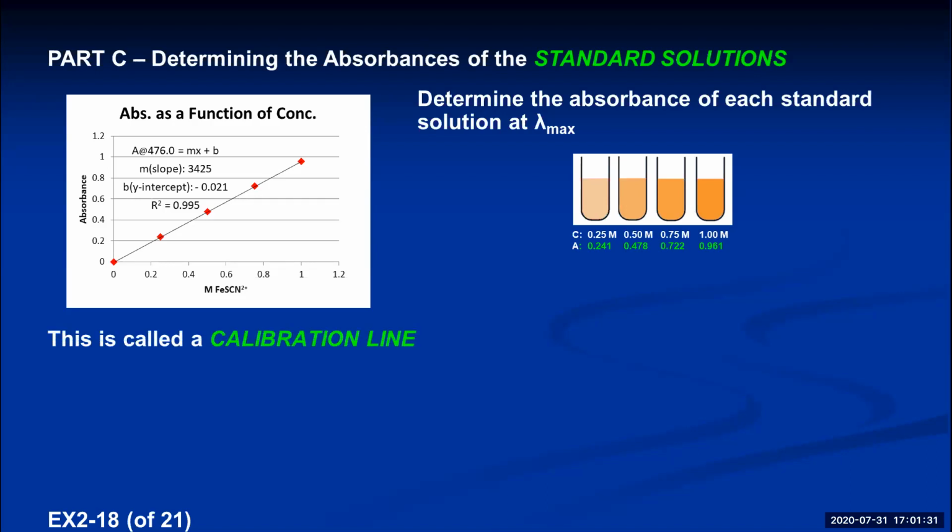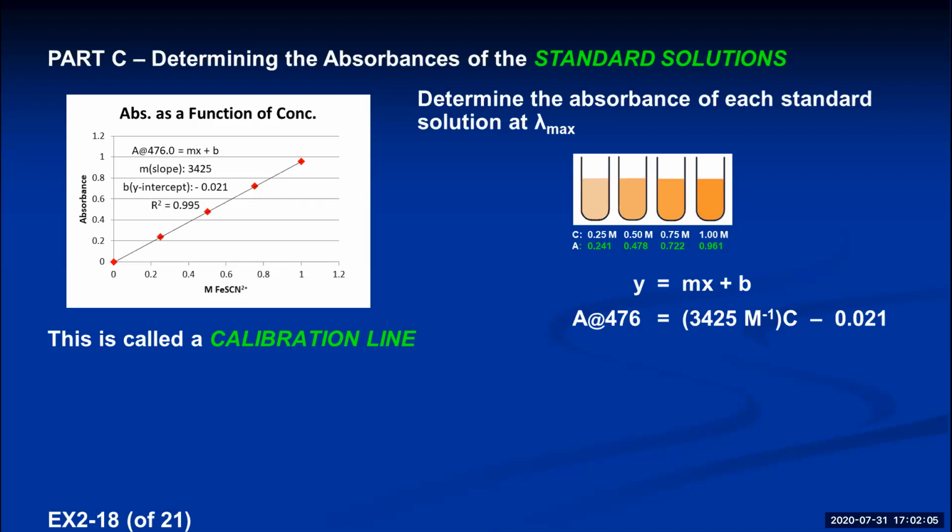This line is called a calibration line because it's showing us the relationship between the measured absorbance and the concentration of the FeSCN2+ in the solutions. They follow this equation, y equals mx plus b, so the absorbance at a wavelength of 476 equals the slope, 3,425 molar to the minus 1, multiplied by the concentration of the colored component, minus the intercept, which should be close to 0, and it comes out minus 0.021, which is pretty close to 0.